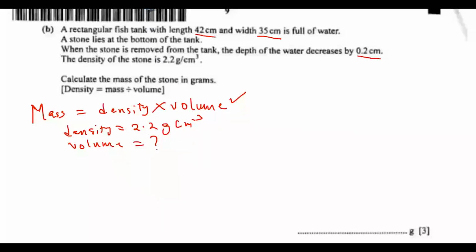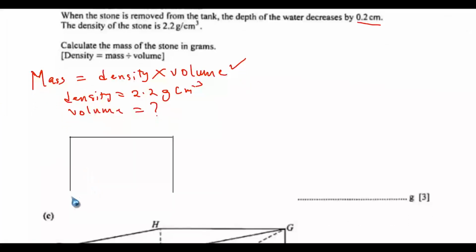Okay, so let's sketch the rectangular fish tank. We have something like this. Let's draw something like this. Then you have another one like this. This is just a rough sketch. Let's scroll up a little bit. Then you have something like this. Let's try to draw another one like this.